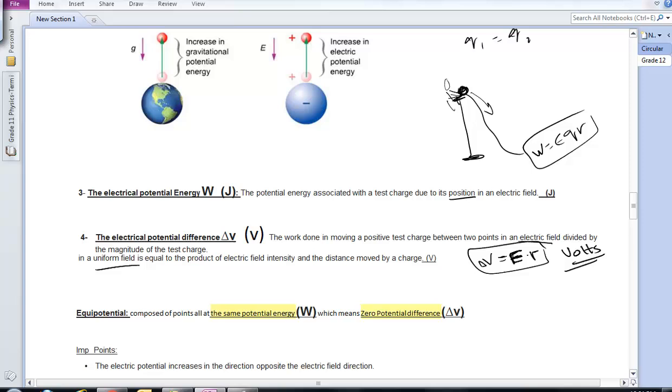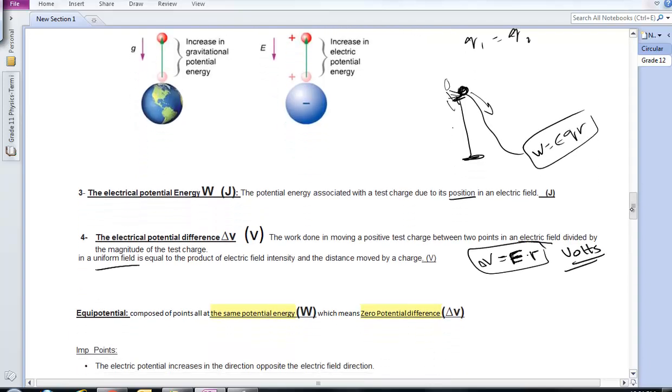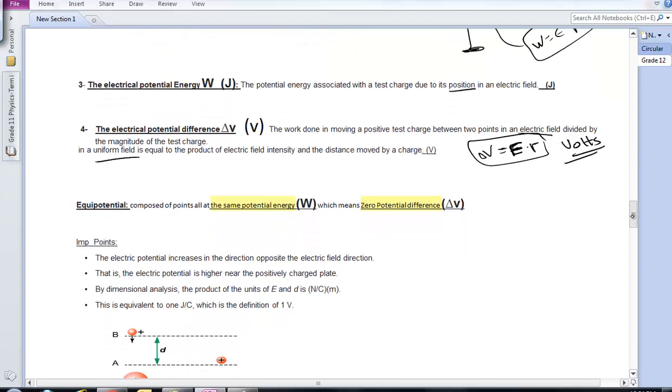So now you can differentiate between the electric potential energy, which is just a description of the charge in an electric field, like the stone. You're just describing the stone on a mountain, while here you are moving the electric charge. It could be away from the electric field, or opposite, or in the same direction as the electric field, and each one has a specific sign that we will discuss later.